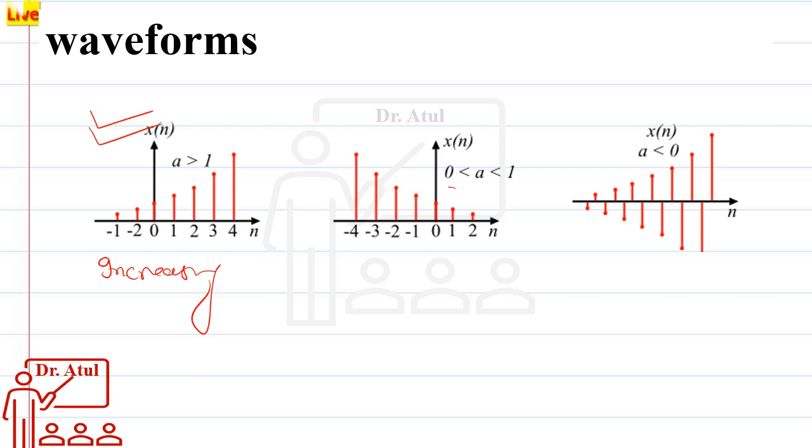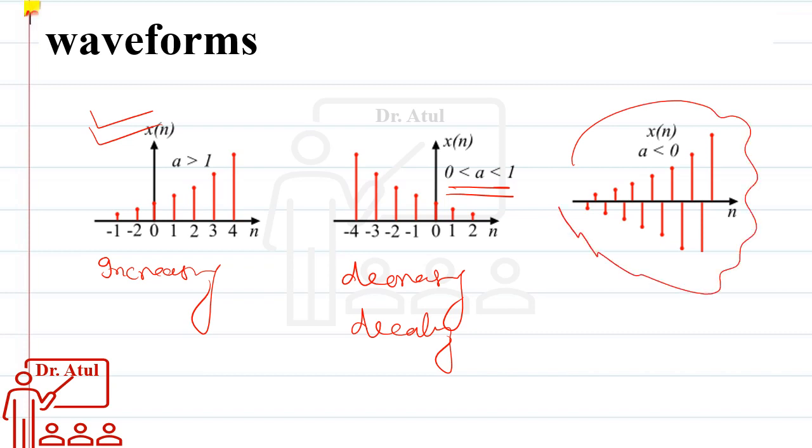For a between 0 and 1, it is decreasing or decaying. For a less than 0, it is alternating.